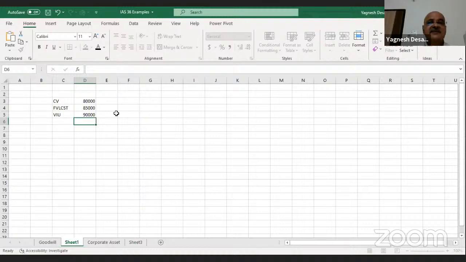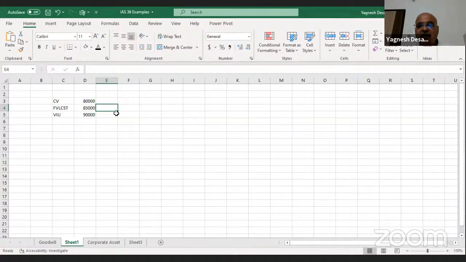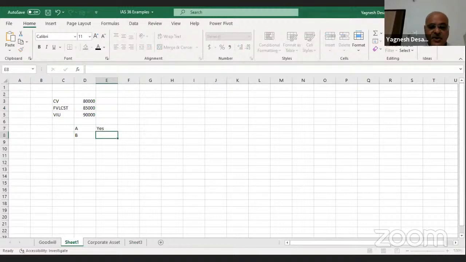So in this case, can you answer my question? What will be the RA? RA stands for the recoverable amount. What will be the recoverable amount? This is going to be the base. If my RA is 90,000 and if my carrying value is 80,000, do I need to go for the impairment? A, yes. B, no.